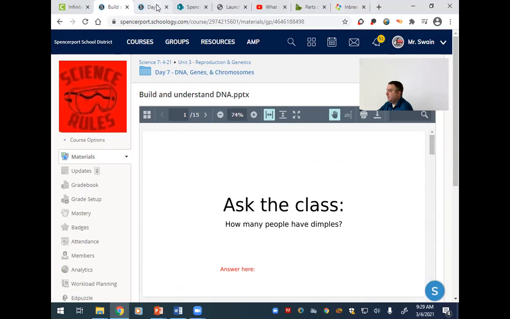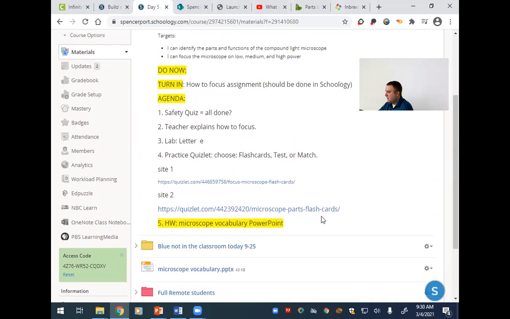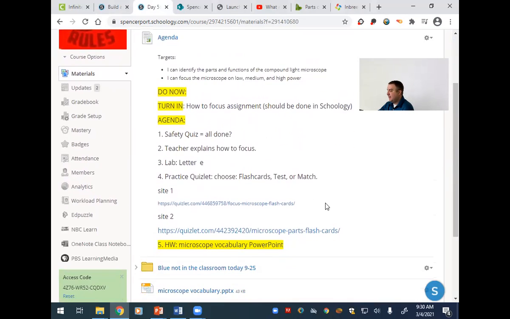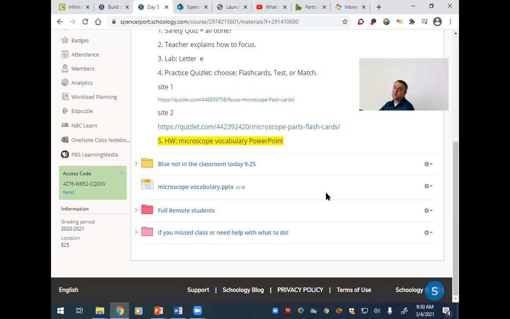If I go back here, this is a day that would be hands-on. It has to be hands-on because the students have to know how to use a microscope. So on this day, there were actually 3 lessons that were created. There was a lesson for the students that were in the classroom using a microscope.